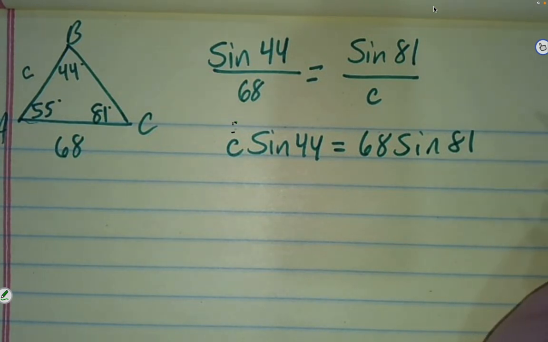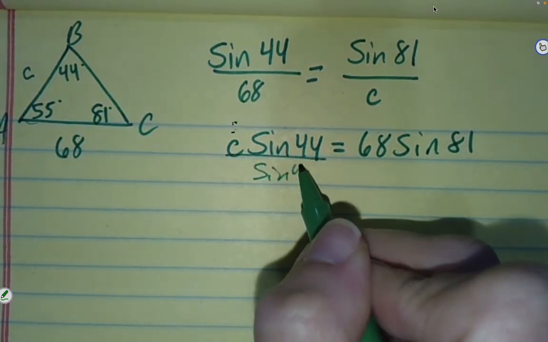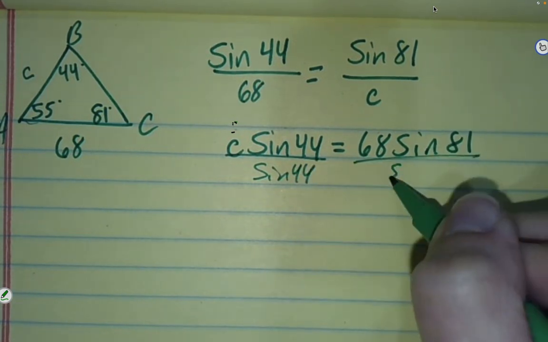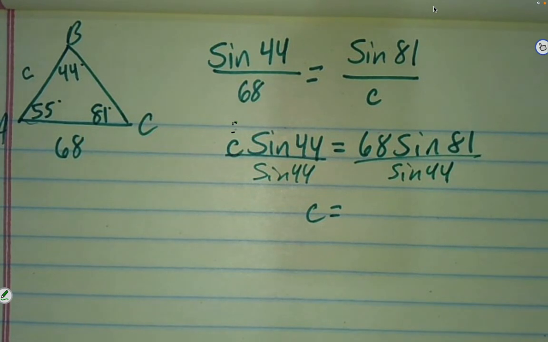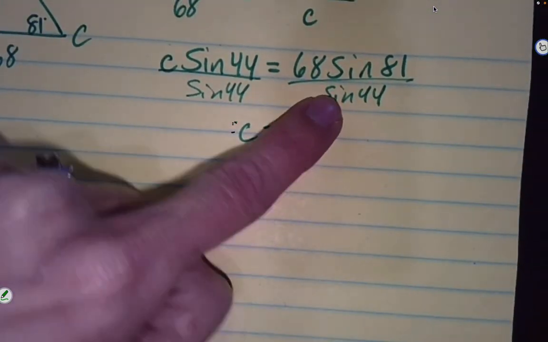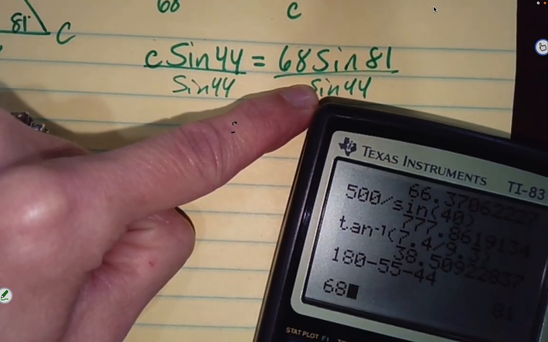And then I'm solving for little c. So I've got to move this sine 44 because that's just a number on my calculator. So I'm just going to divide by that number, whatever it is. And it would tell me c. So this is how I enter mine. So I'm looking up here. I'm going to type in 68 sine of 81.